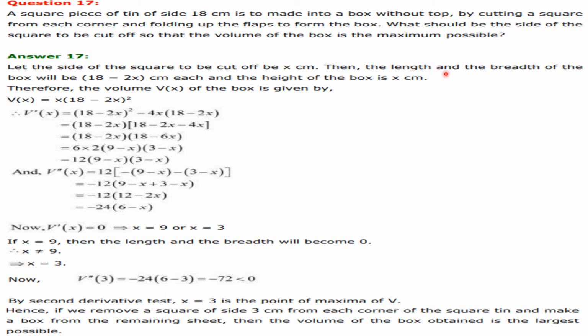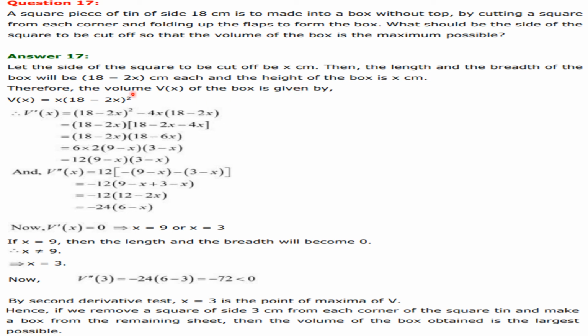Then the length and the breadth of the box will be 18 minus 2x centimeters each, and the height of the box is x centimeters. Understood this point, my children? Length and breadth are 18 minus 2x only, but the height of the box is x centimeters. So we got the dimensions of the box: length, breadth and height. Okay, my children, understood this point?